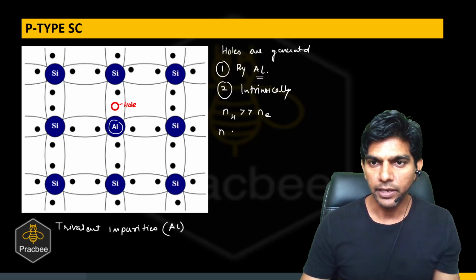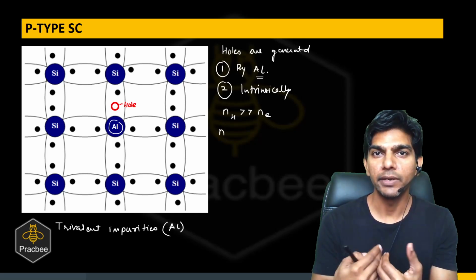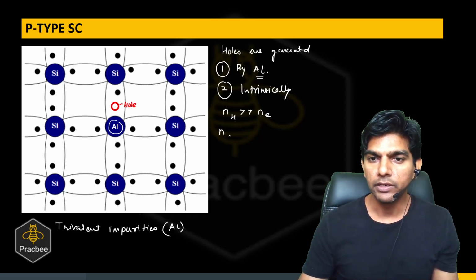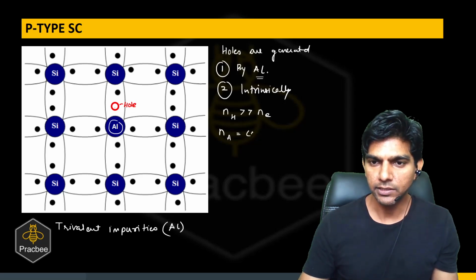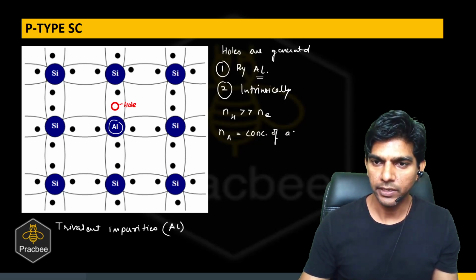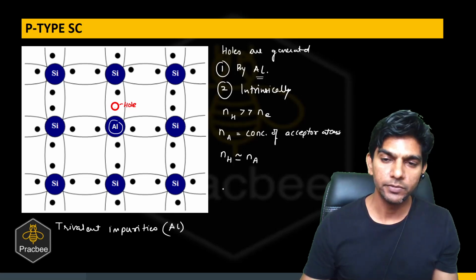These aluminium atoms are accepting the electrons, and the aluminium will become negatively charged. So we'll call it an acceptor atom. So aluminium is an acceptor atom. We can say Na is the concentration of acceptor atoms, and the concentration of holes will be nearly equal to the concentration of acceptor atoms.